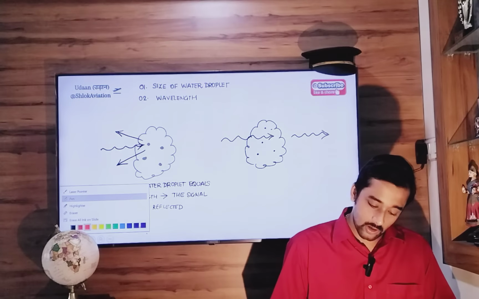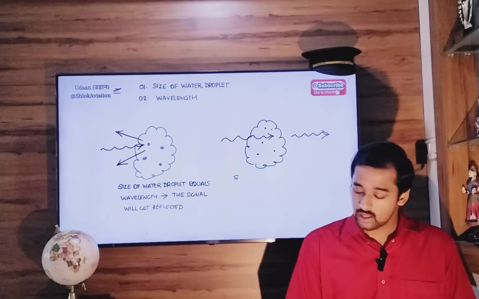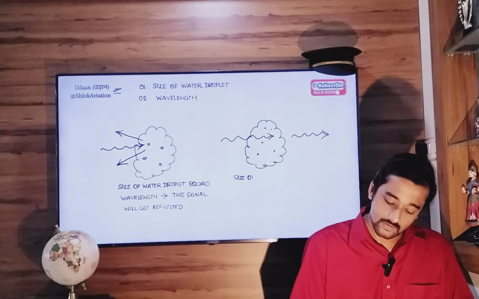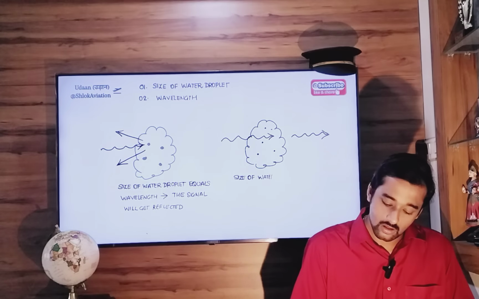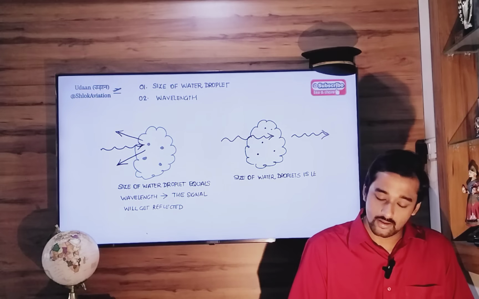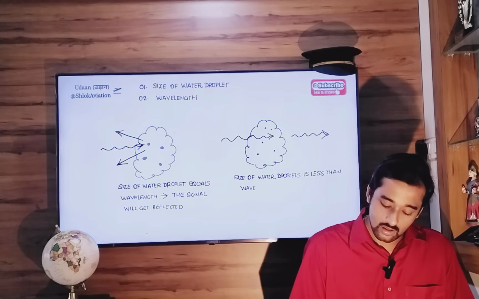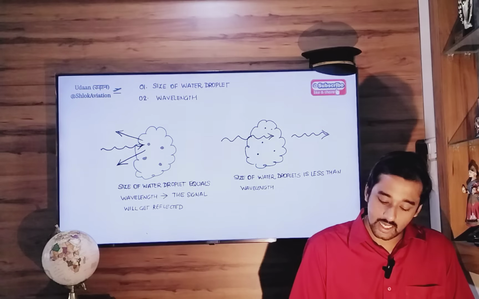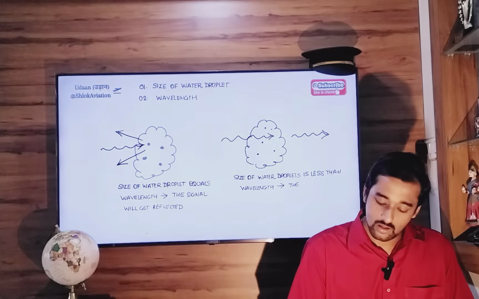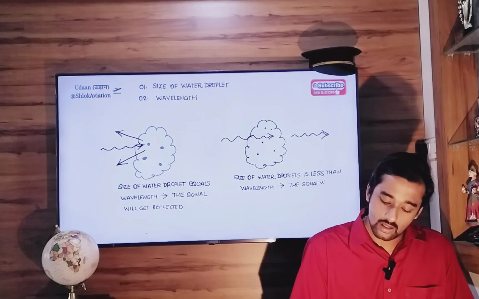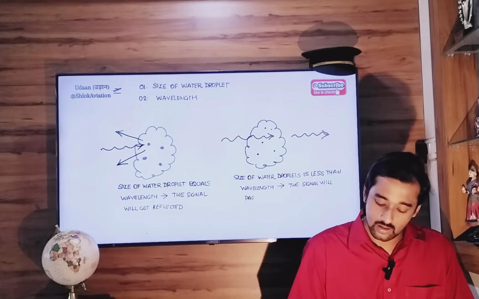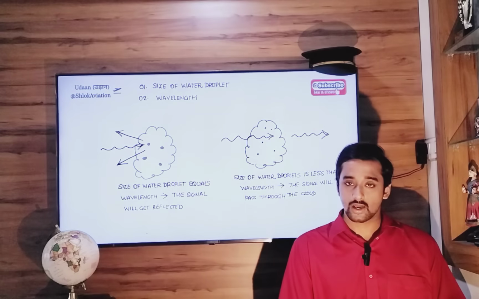So the next point, a very important point: if the size of water droplets is less than the wavelength, the signal will pass through the cloud.